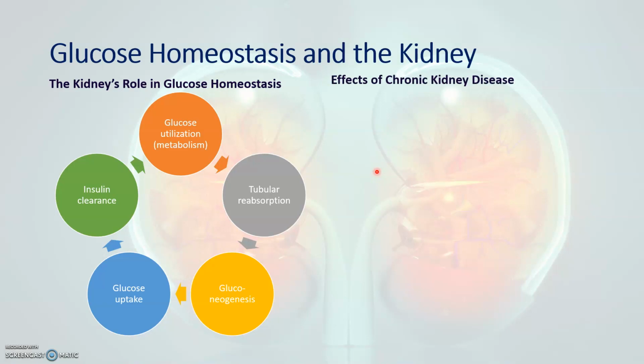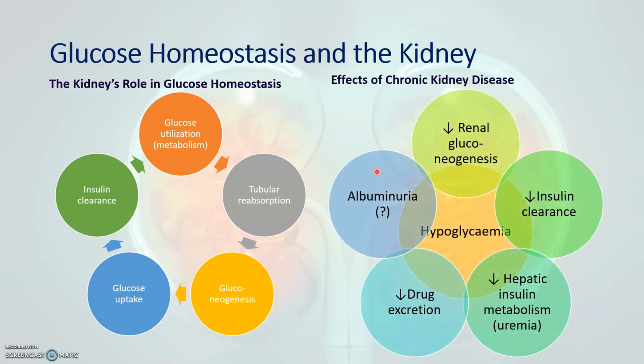What happens in chronic kidney disease? So there is decreased renal gluconeogenesis. As we said, in a hypoglycemic state, about 50% of gluconeogenesis that occurs in response to hypoglycemia comes from the kidney due to catecholamine stimulation.